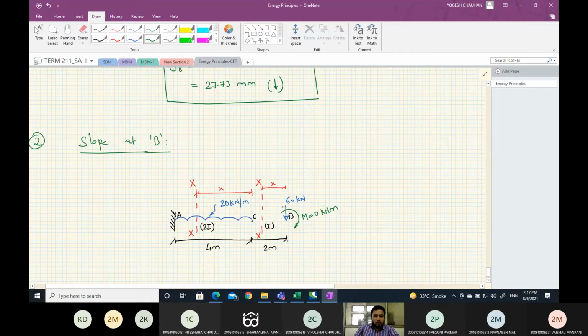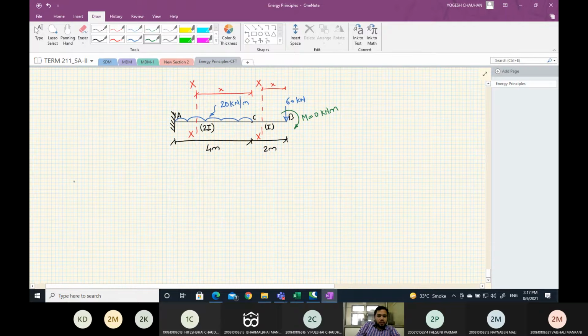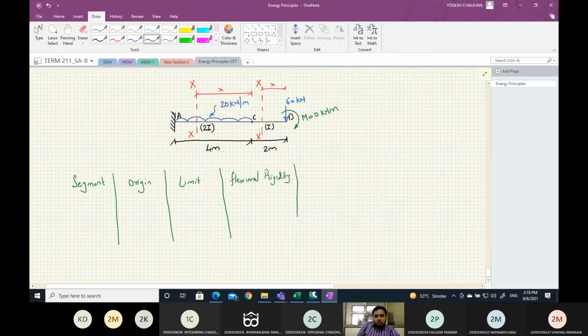So now we will formulate an expression of moment in terms of M. So again we make a table: segment, origin, limit, flexural rigidity, Mx, the moment at section x, and del Mx by del M, where M is any arbitrary moment.